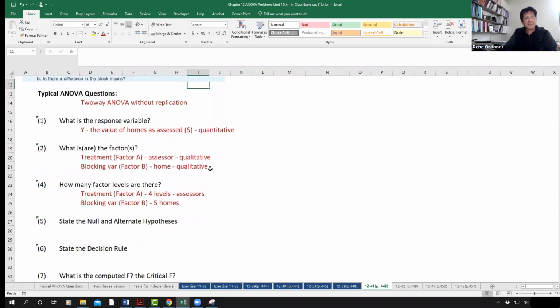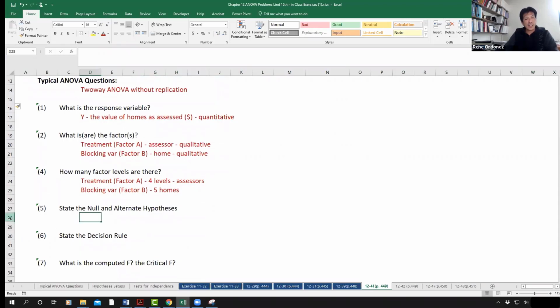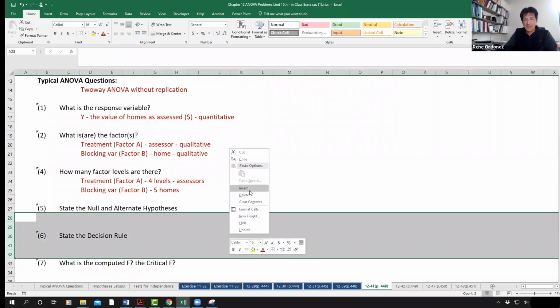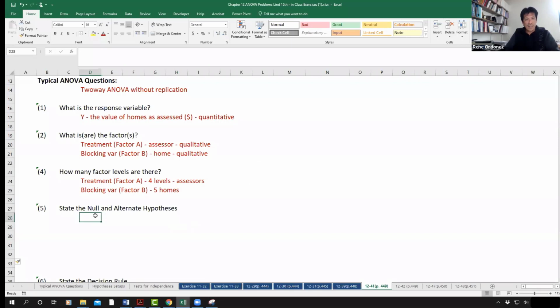All right. And then we state the null and alternate hypotheses for treatment, the assessors.